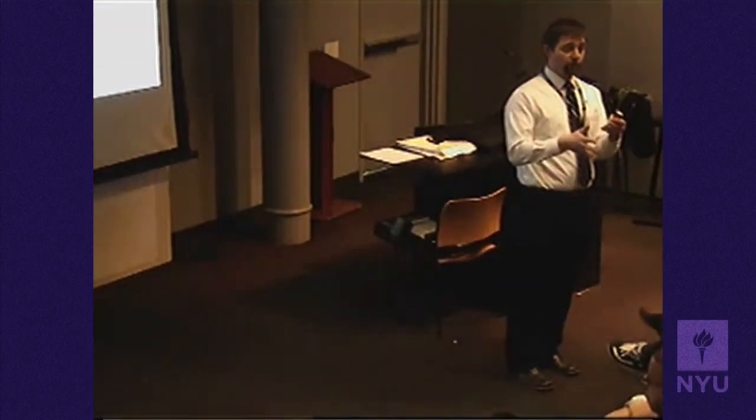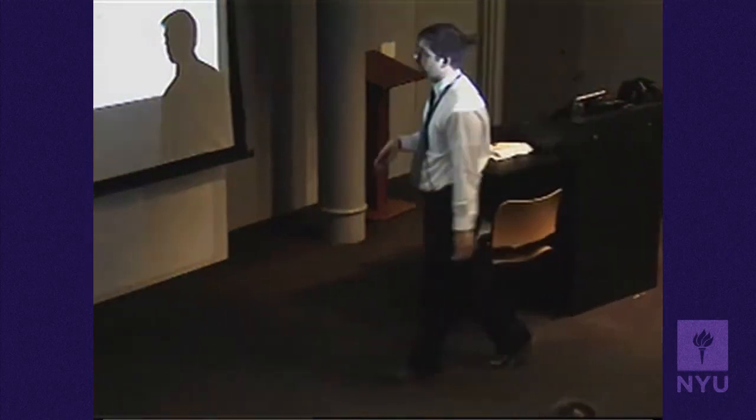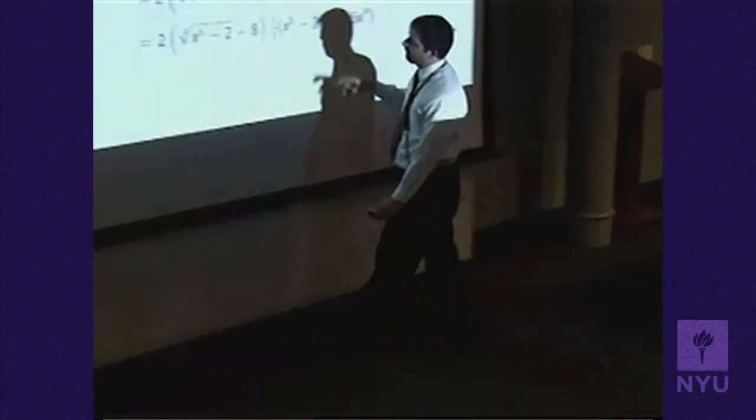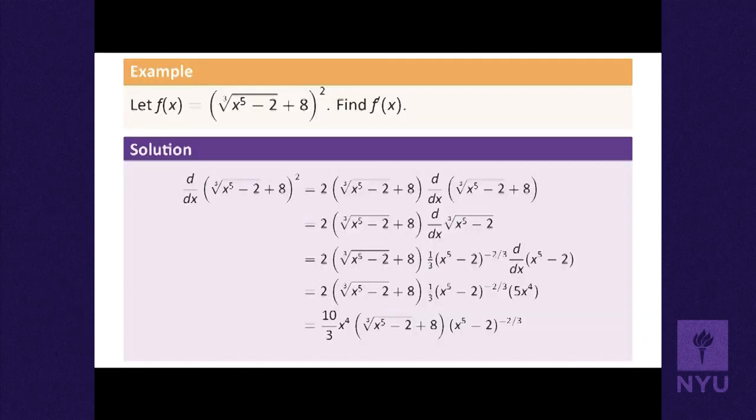I've finally differentiated x to the 5th minus 2. It's not a composition of any more functions, and so there's nothing left to differentiate. I can clean this up a little bit. I've got a 2 and a 1/3 and a 5x to the 4th. I can combine those and get 10/3 x to the 4th, but then this term here is not going to change, and this term here is also not going to change.